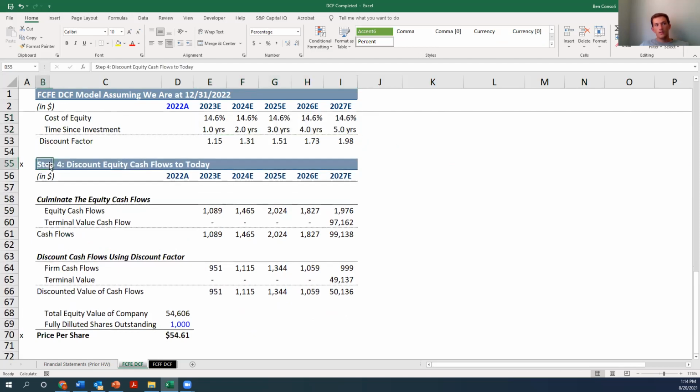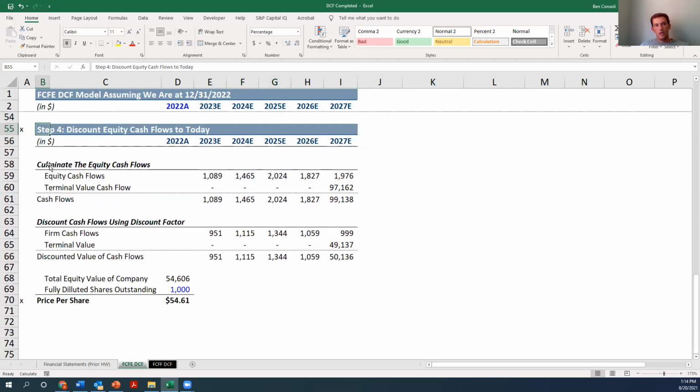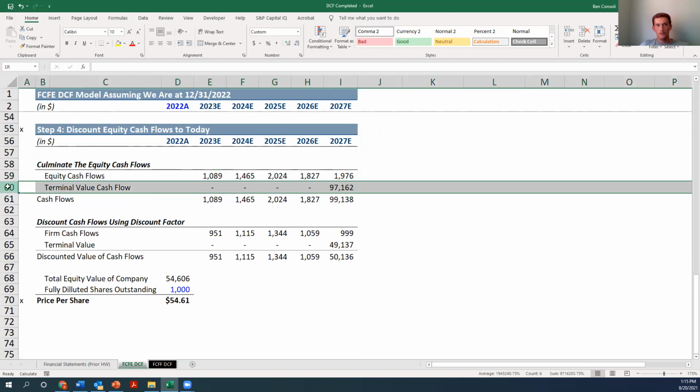From there, now you have the discount factor and you have the cash flows for the equity holders. Now you can arrive at the discounted cash flows using the discount factor. Here you're just culminating all the equity cash flows, which you calculated above. You have to make sure to include the terminal value of the cash flow, because you're going to get that when you sell the stock in theory.